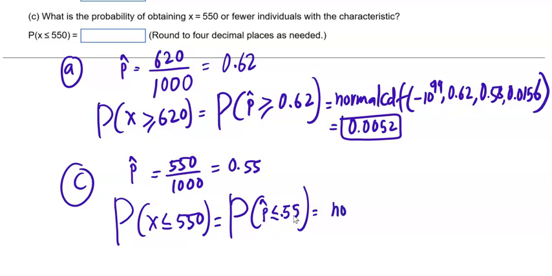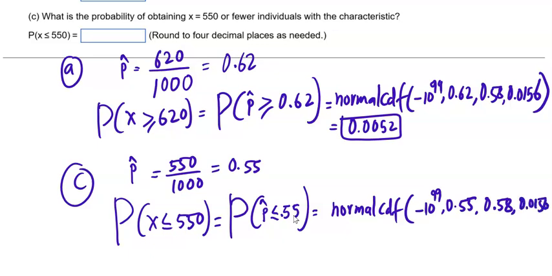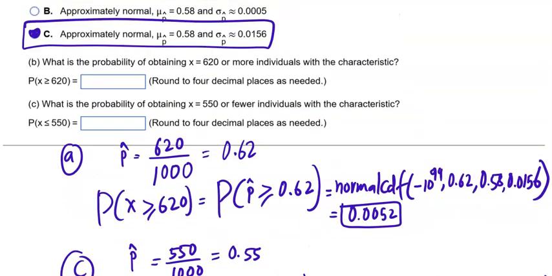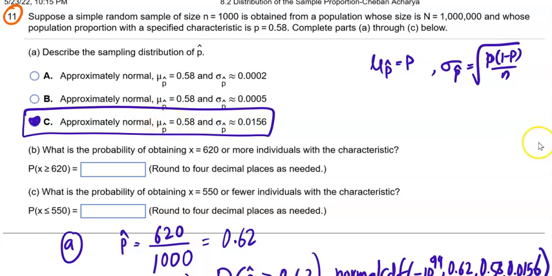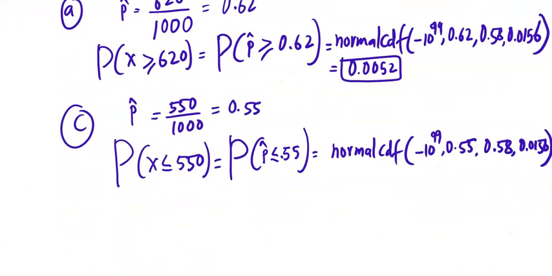Use the normal CDF function: negative 10 to the power 99, 0.55. The mean is going to be the same as the sampling distribution mean, 0.58. The standard deviation is going to be the same, 0.0156. Again, the mean and standard deviation come from the sampling distribution, so you have to use those. If you use a calculator, you get 0.0276. That's the probability.